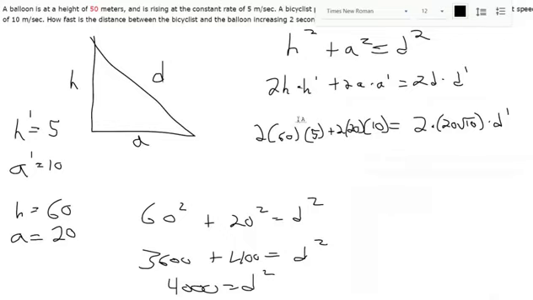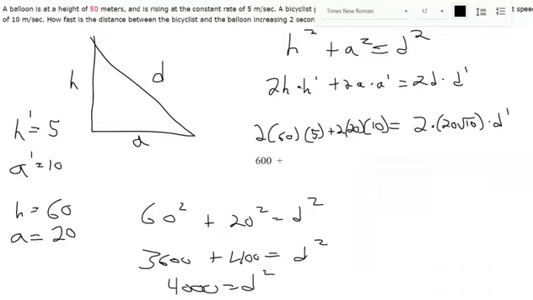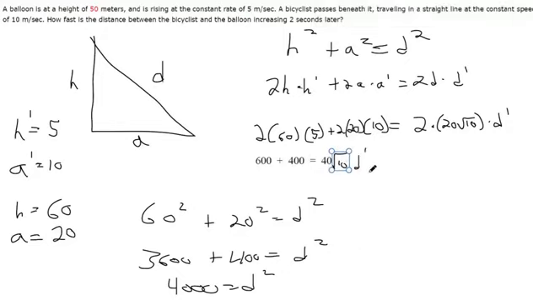That's 600. That's 400. And then this is 40 square root of 10 times d prime. We got 1,000. You want to take 1,000 and divide 40 square root of 10 from both sides.